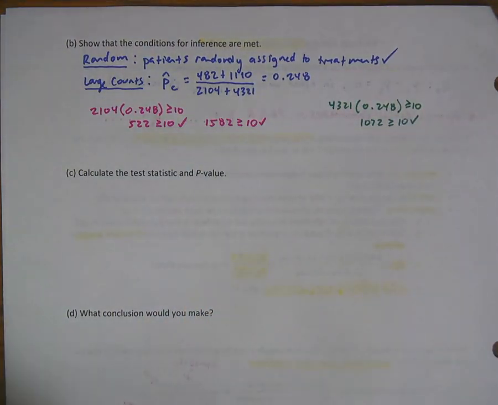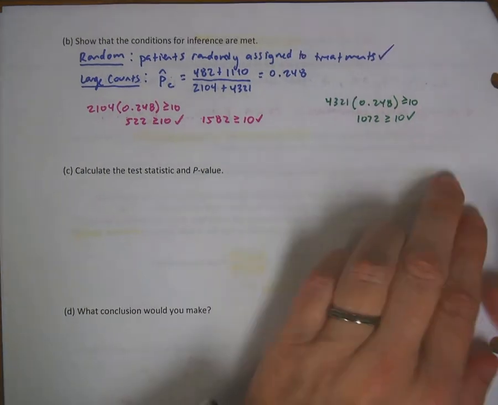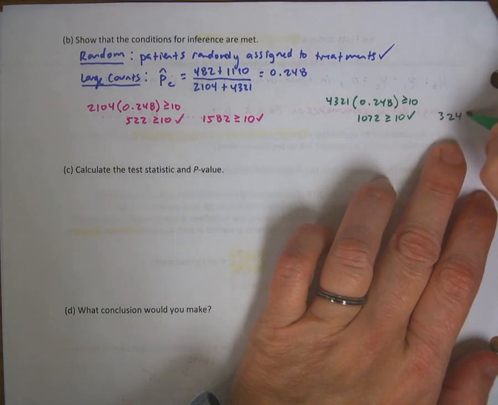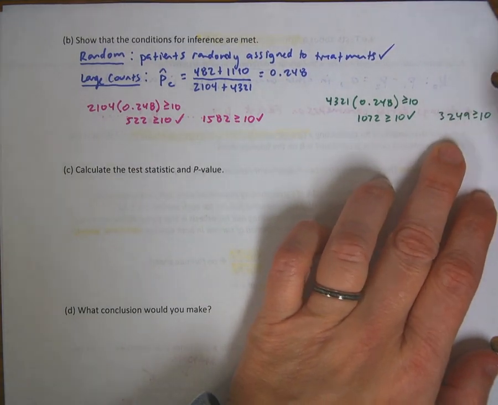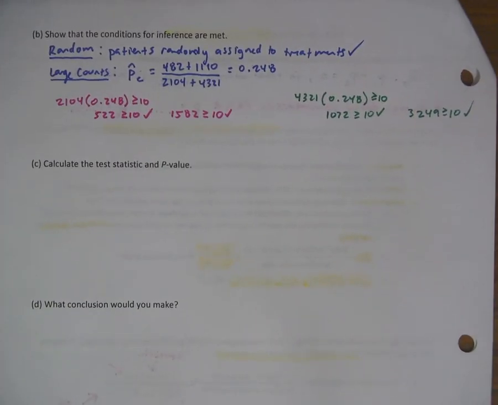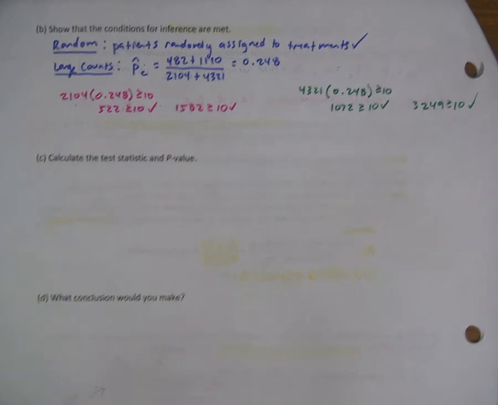And then I'm just going to take that 4,321 and subtract out 1,072 to find that 3,249 would be my expected failures. Again, here, what I'm doing with the large counts condition is I'm checking for normality. And it is a tedious task, but everything works. All right. Now we get to calculate the test statistic and the p-value.